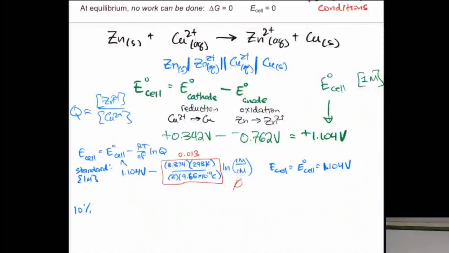So at 10%, we're going to now have E of the cell is equal to E naught of the cell, which is our 1.104, minus the 0.013 times the natural log of zinc over copper. And if the zinc increases by 10%, that's going to be 1.1 molar. And the copper went down by 10%, so that's going to be 0.9 molar.